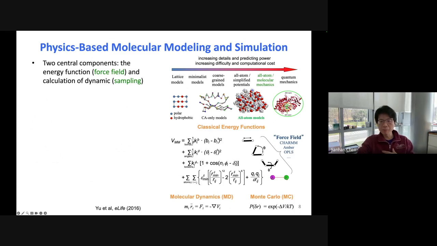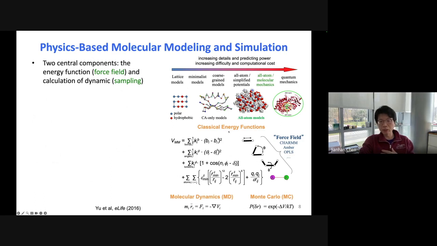The type of energy function we often use to describe large molecular systems like proteins and nucleic acids is some type of classical or empirical energy function. We do not try to use quantum mechanics. As I mentioned, this classical energy function is referred to as a force field. There are several popular flavors widely used in the field, like CHARMM, Amber, OPLS, etc.